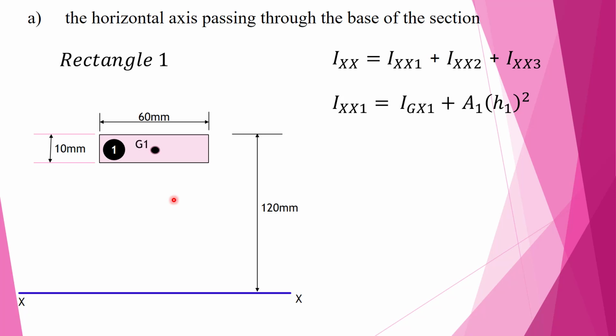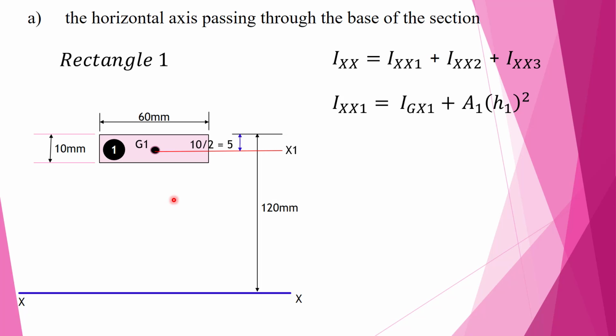We know the moment of inertia of this rectangular section about an axis passing through the centroid, that is passing through G1. So I will draw the centroidal axis passing through the centroid of the section, which will be at a distance of 5 mm from the top of the rectangular section. We know the moment of inertia of this rectangular section about G1x1 is bd cube by 12.